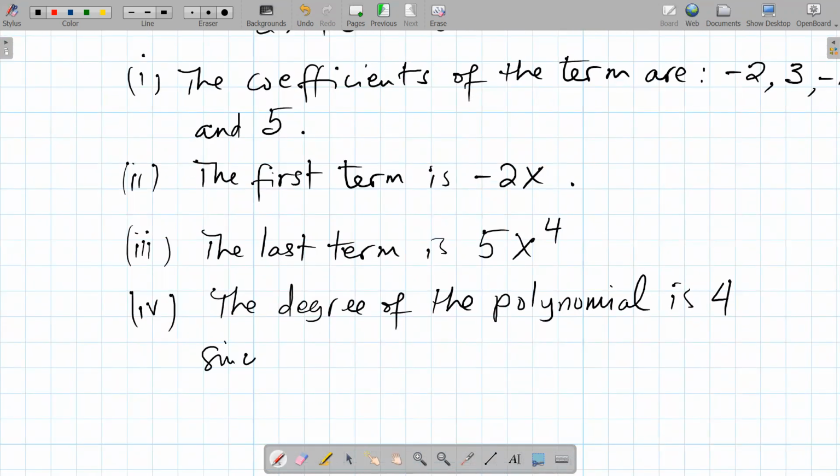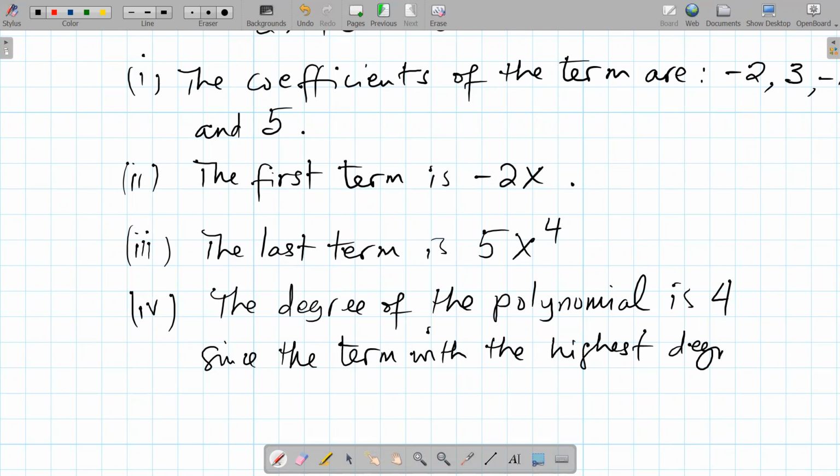Since the term with the highest degree is 5x4, and the degree we know is 4.